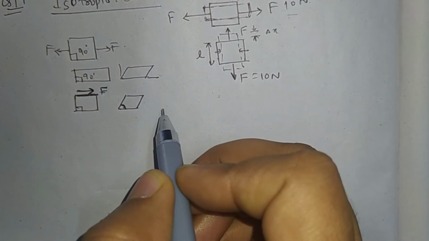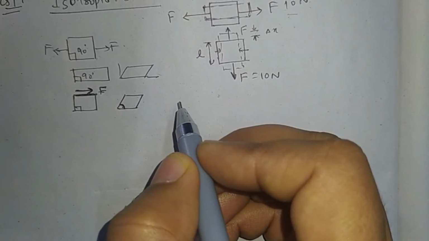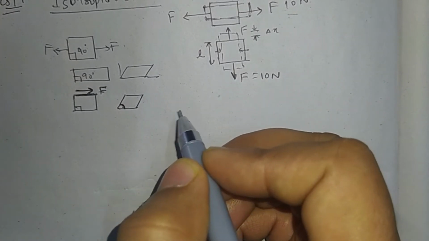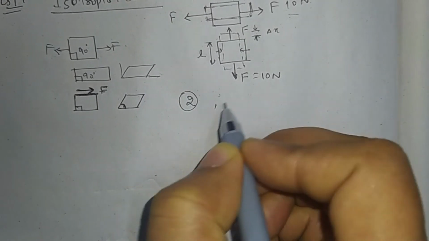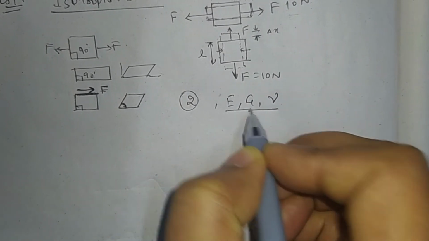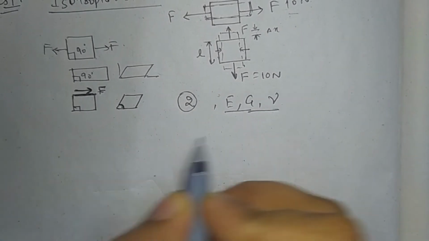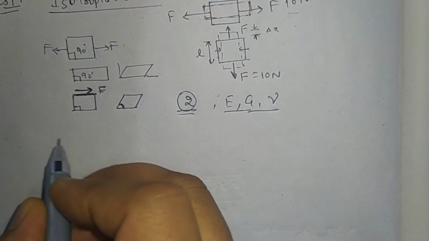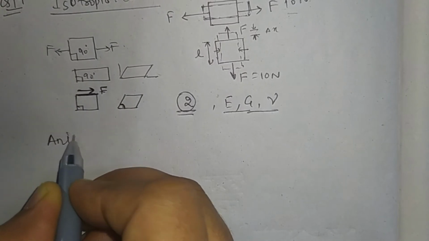Okay, this is the property of isotropic material. And the number of independent elastic constants in isotropic material is two, either E, G or nu. Any two can be used to find all the others. Now coming back to the question, anisotropic material.